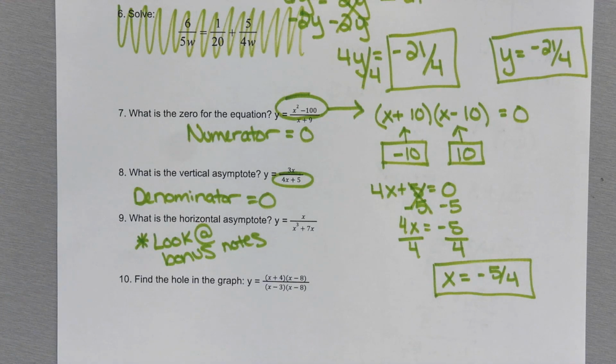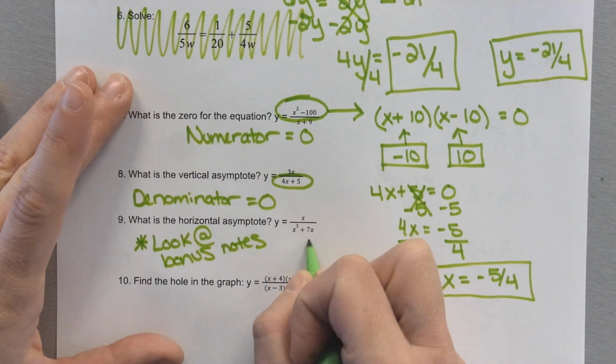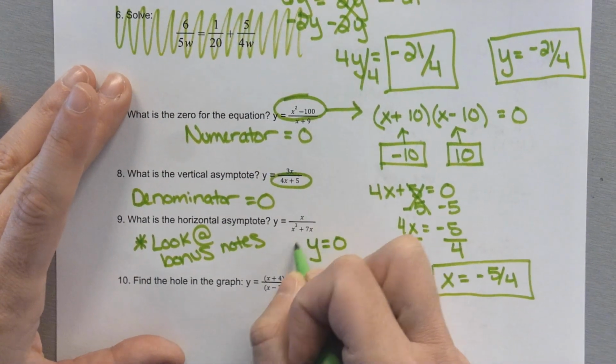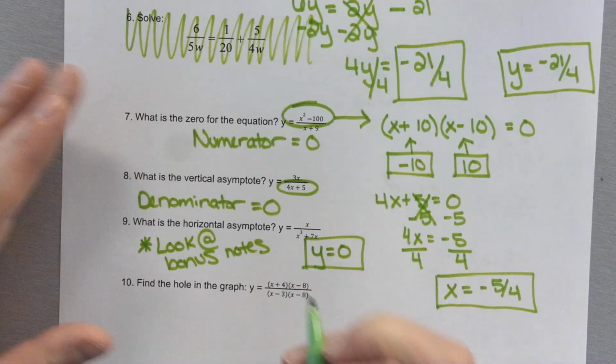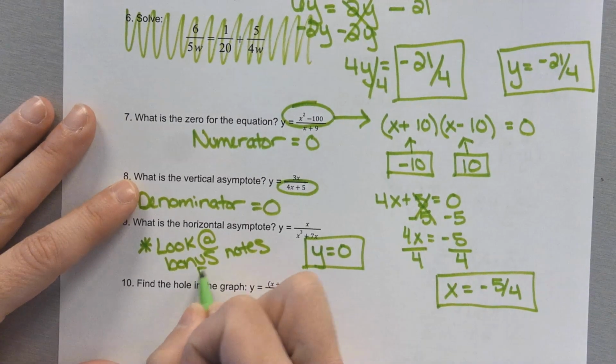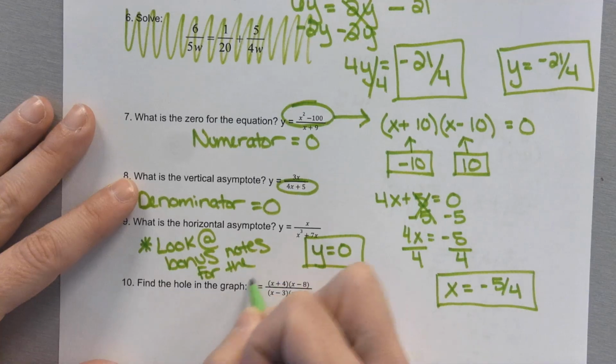Is the degree of my numerator bigger? No. Is 1 bigger than 3? No. Okay, then the next rule said if the degree of the denominator is bigger, then it's at 0. Is that the situation I'm living in? Yes. So that's going to be y equals 0 for my horizontal asymptote. So look at bonus notes for the list of 3 rules.